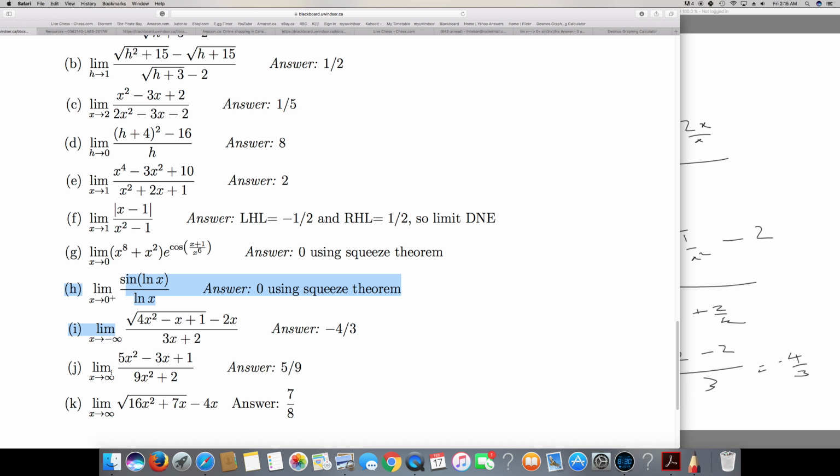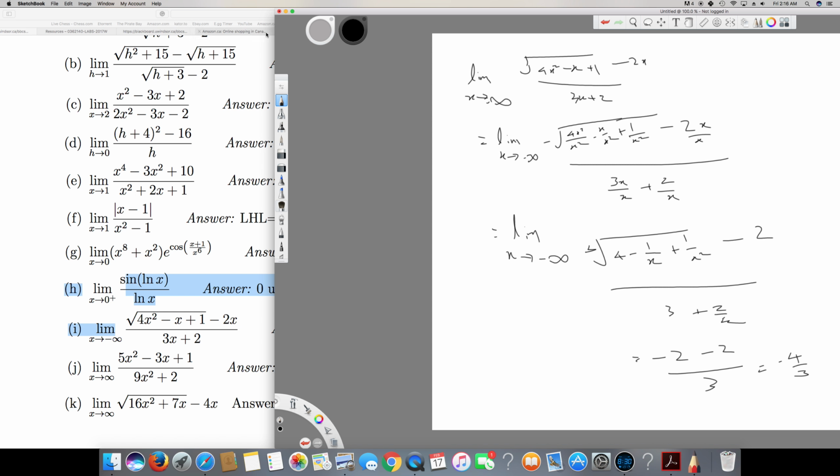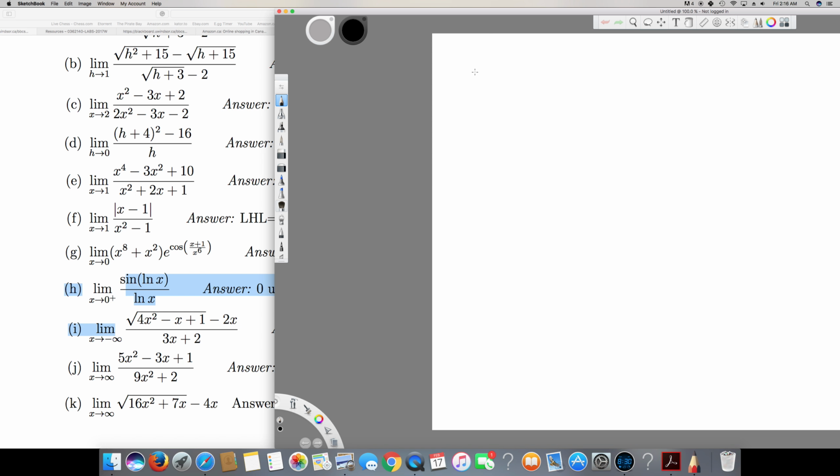And the next question is 5x square minus 3x plus 1 over 9x square plus 2, and it's approaching infinity. So same thing here. In this case the highest power is x square, so limit x approaches infinity.